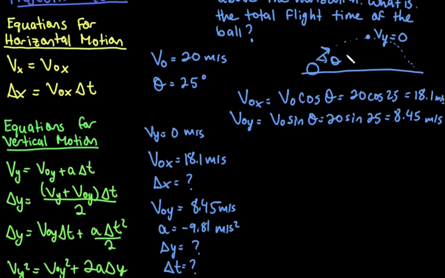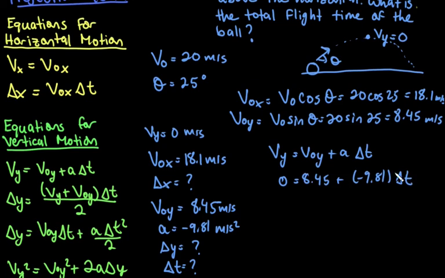If we look at our formulas here, we can see that we can use this formula right here. So v y is equal to v naught y plus a delta t. This is 0. This is 8.45 plus negative 9.81 times delta t.